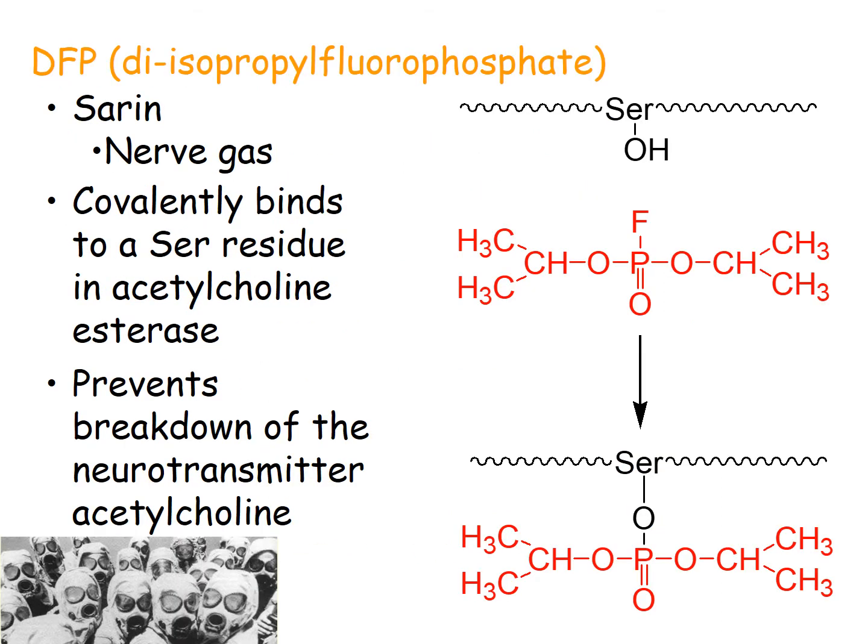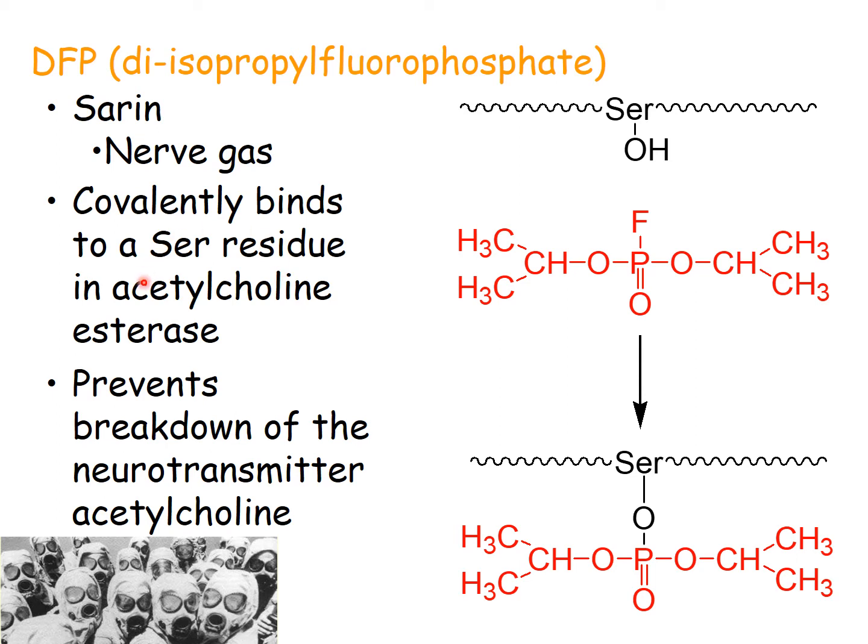One notable example of an irreversible inhibitor is DFP, which stands for diisopropyl fluorophosphate, and a related family of DFP is the sarin nerve gas, which is the notorious weapon of mass destruction. It binds covalently to a serine residue in acetylcholine esterase, an enzyme.